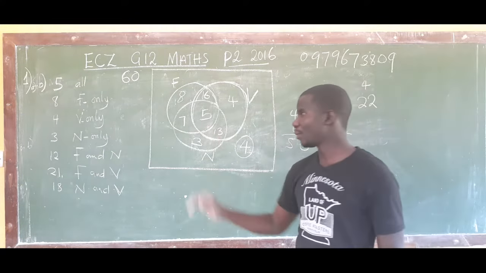Question 7a reads, a farm is in the shape of a parallelogram ABCD. To accommodate 2 different crops, the farm is divided into 2 parts as shown in the diagram below.